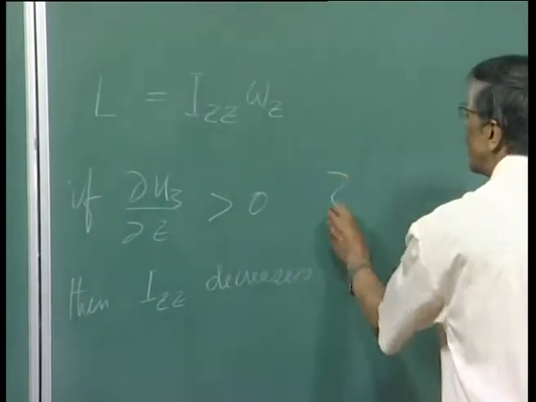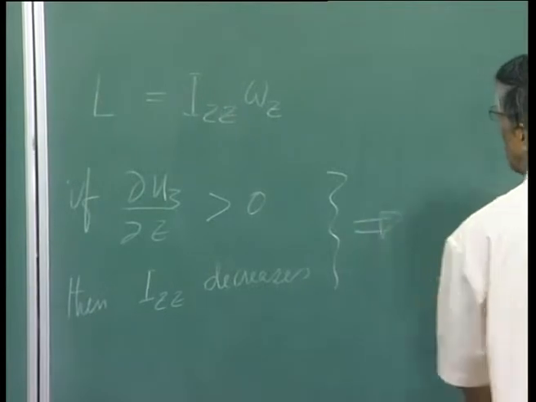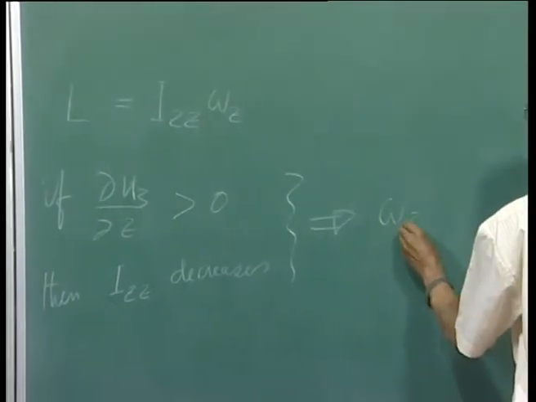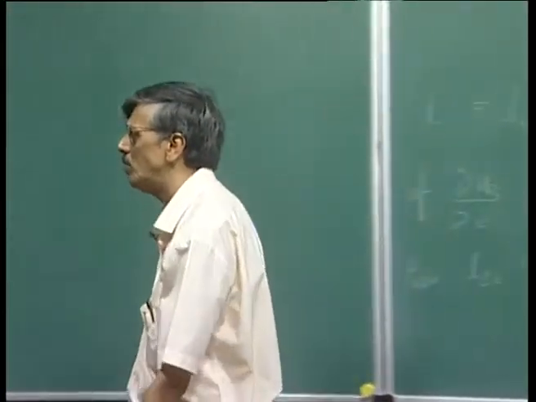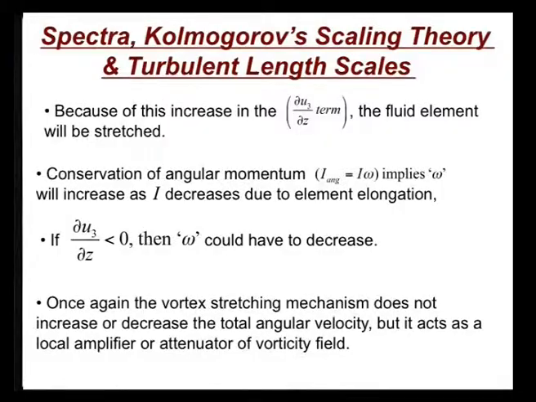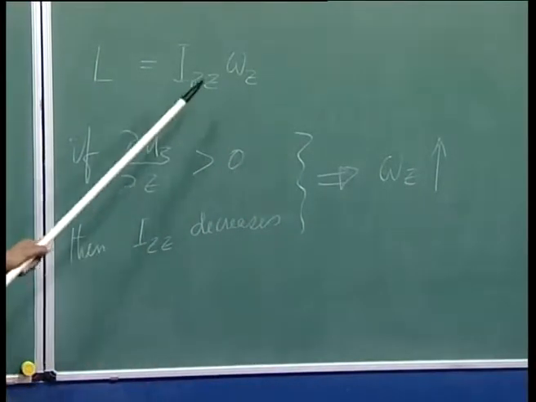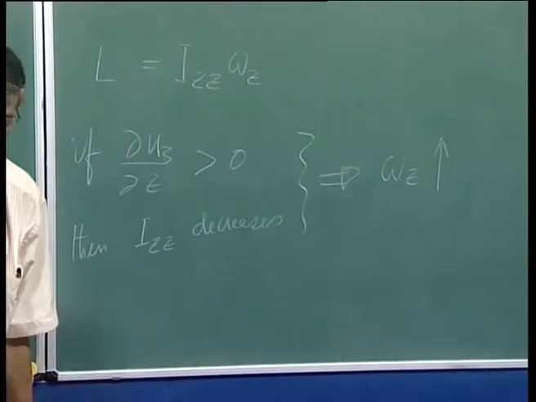As a consequence, omega z is going to increase. So, this is the consequence of that vortex stretching term, because to keep the angular momentum conserved, if Izz comes down, omega z must go up.